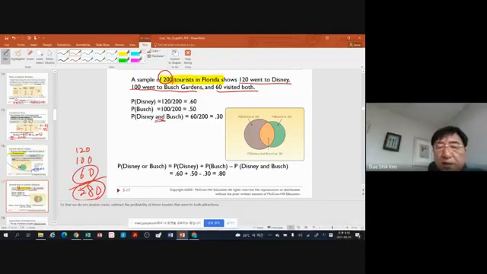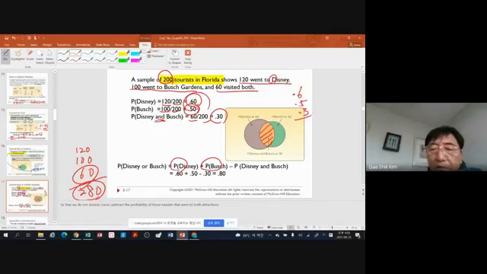Some, 60. Let's say this is D and this is B: P(D), P(B), and both. Yes, 60. Divide by 200 each, and you get 0.6, 0.5, 0.3.